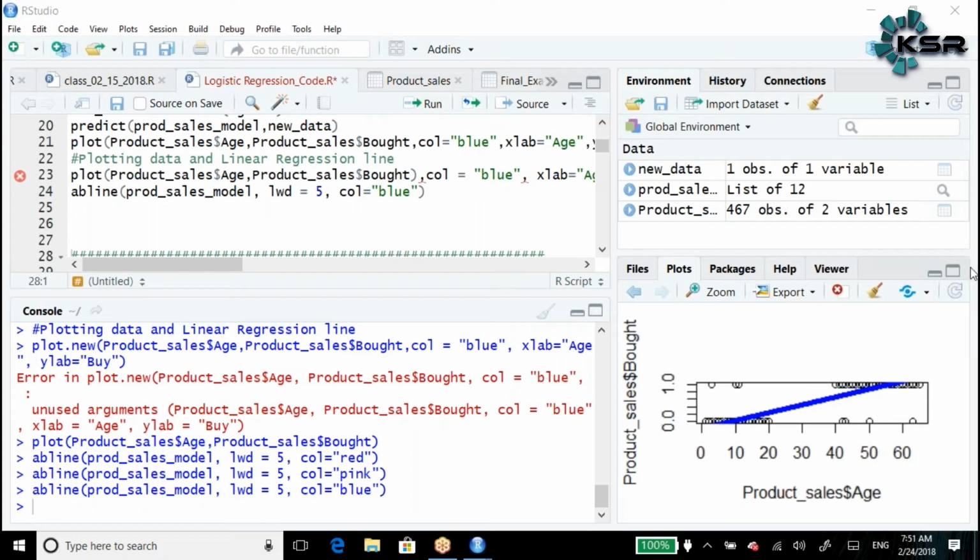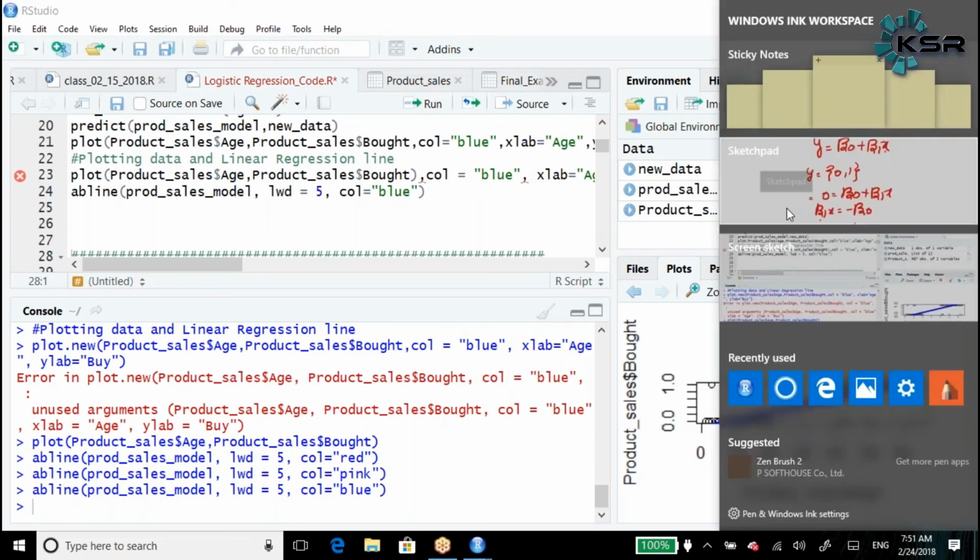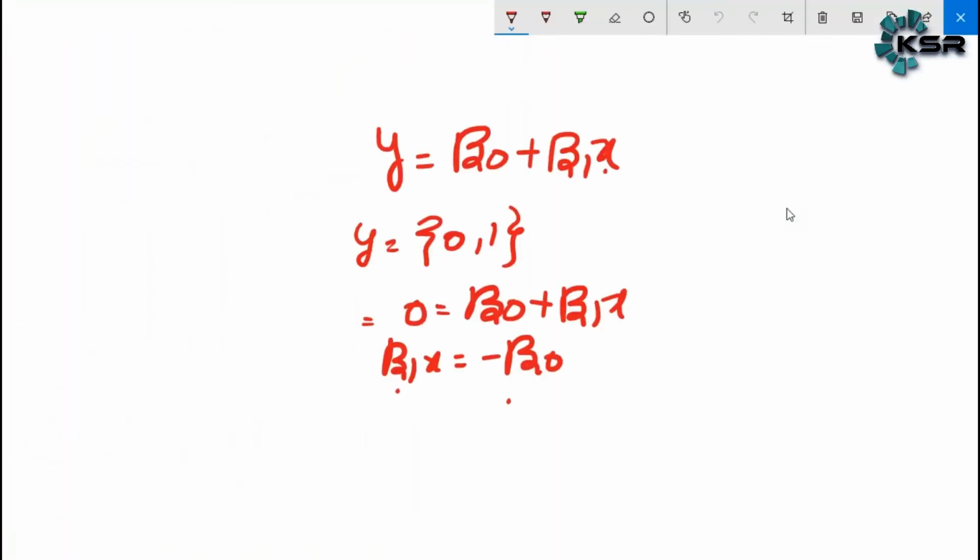From an interview point of view also, they are definitely going to ask you questions about logistic regression. Most of the banking industry is pro logistic regression. Is it clear why we are using logistic regression?